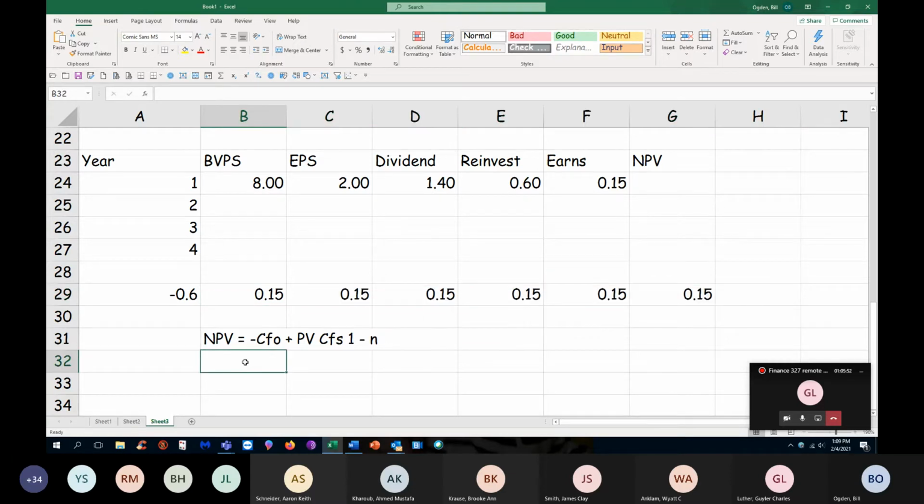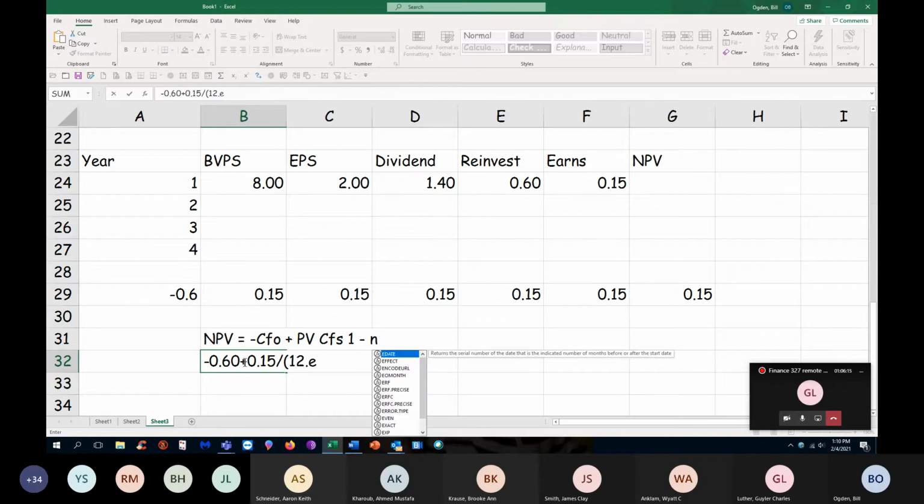So the NPV is minus 60 plus 0.15, 15 cents, divided by R minus G. So our R for equity capital in here is 12.5%.